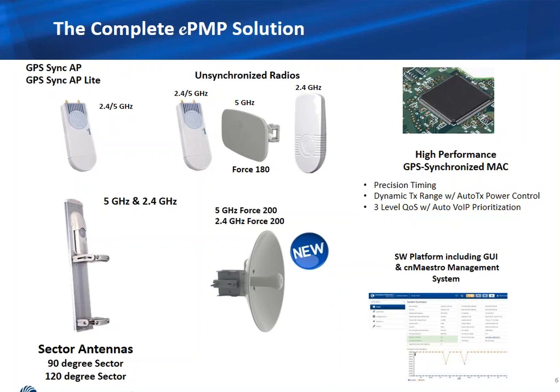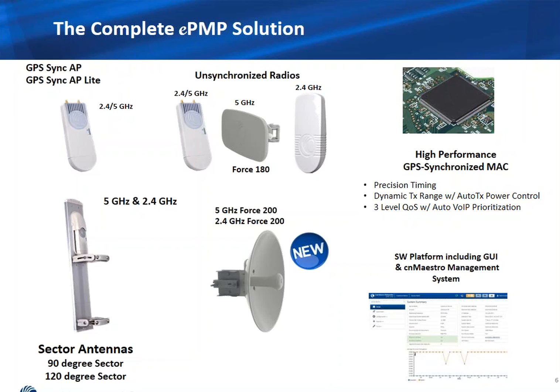And then we have a set of what we call unsynchronized radios, which could be configured as access points if you're running an unsynchronized network, or they could be subscriber modules or point-to-point radios. So we have connectorized radios. We have radios that have integrated patch antennas. One of the more recent ones we've introduced is the Force 180 that's got an integrated patch antenna, 5 gigahertz.